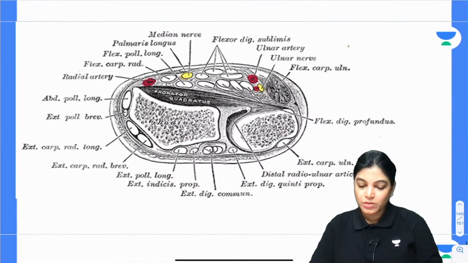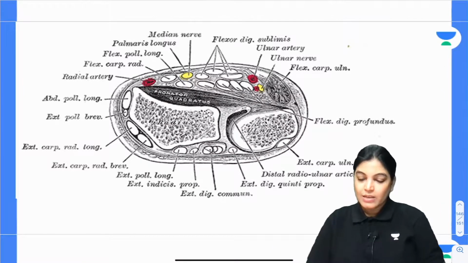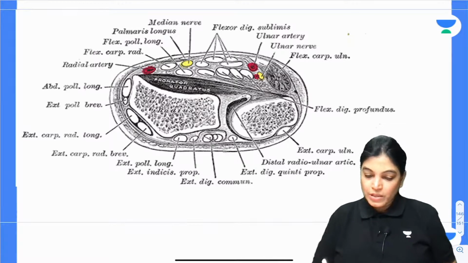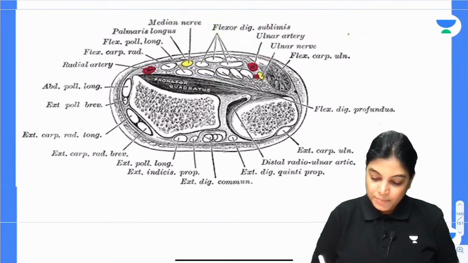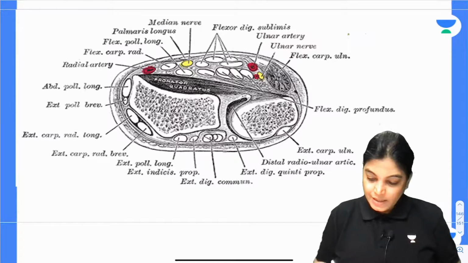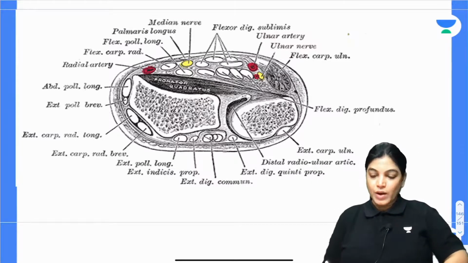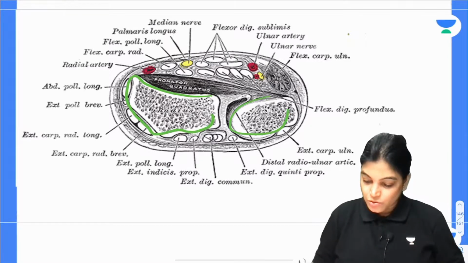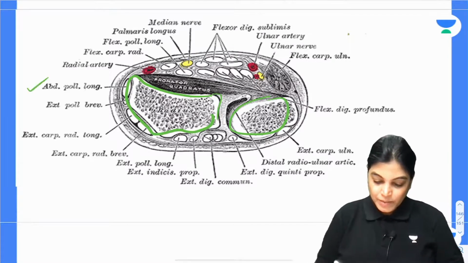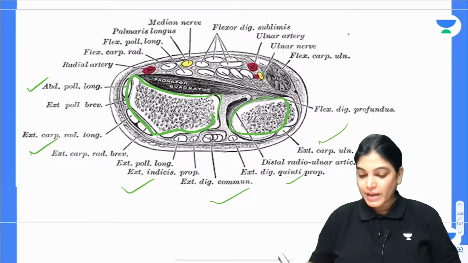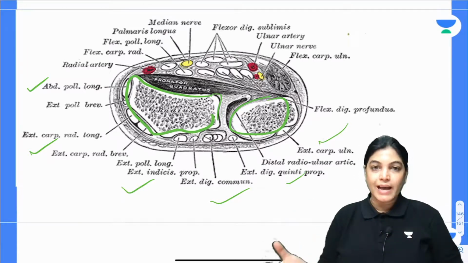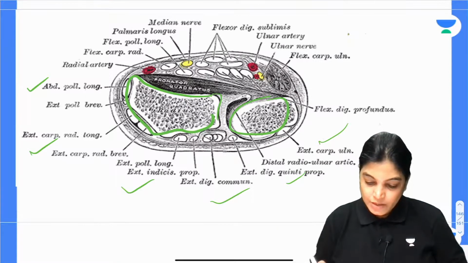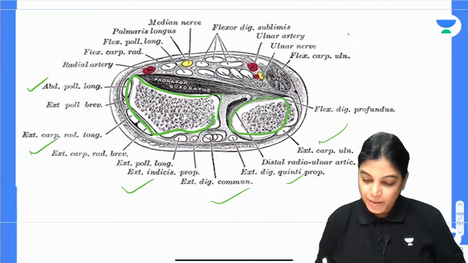So here one more diagram has been shown. My dear, this is a transverse section where you can appreciate the extensor compartments, and also the flexor ones. You can see the outline of radius and ulna which has been drawn, and the structures passing through each extensor compartment, and on the other aspect the flexor retinaculum and the structures traversing below it. So here also you can see the flexor compartment structures.